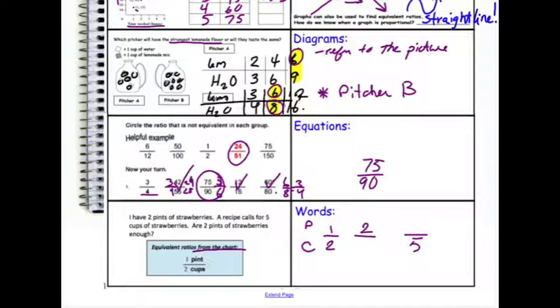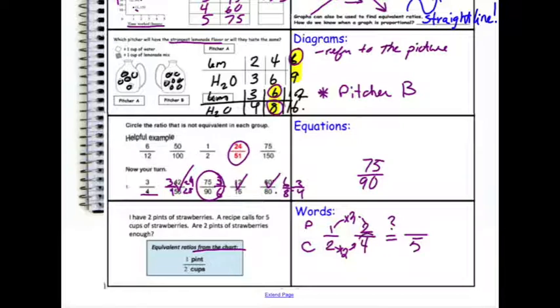Are 2 pints enough? So my ratio, in order to get from 1 to 2, I multiply by 2. So if I wanted to go from 2 and figure out how many cups there would be, I'd multiply by 2 and get 4. So 2 pints is the same as 4 cups.